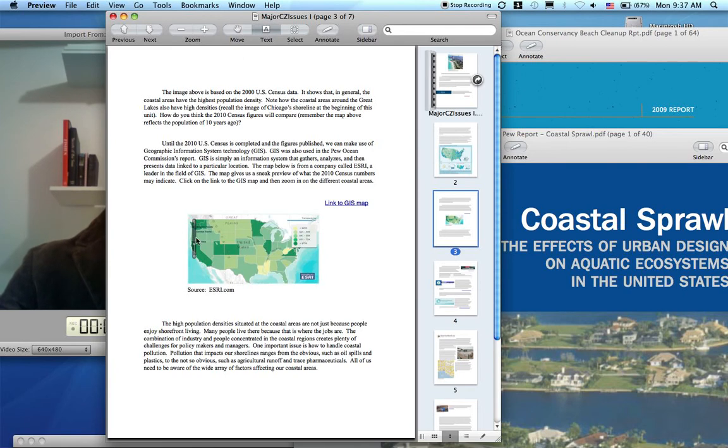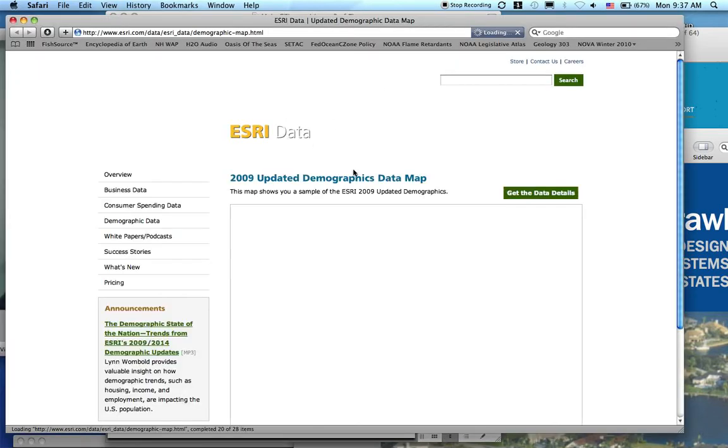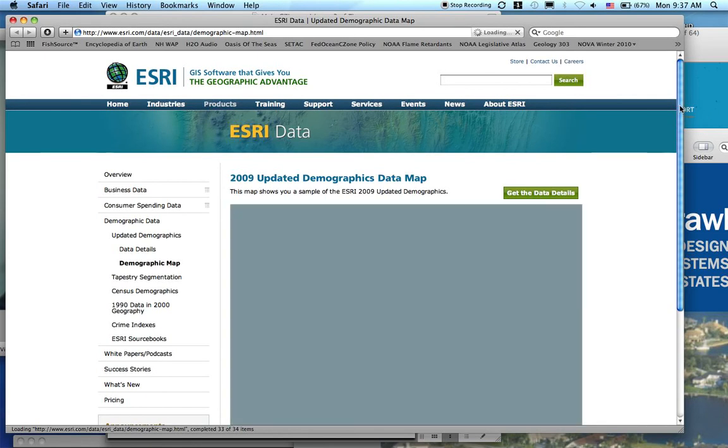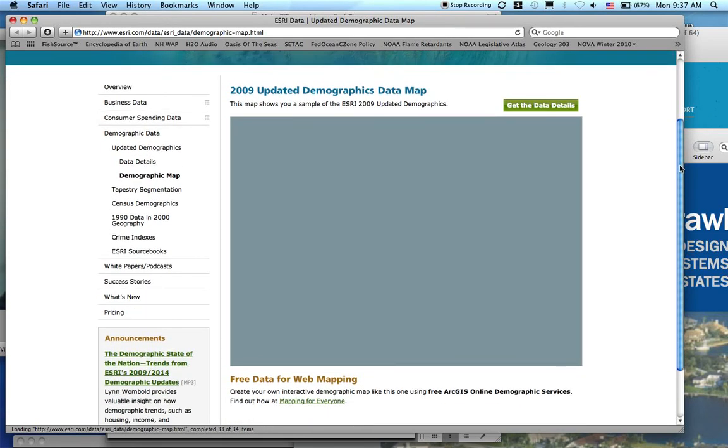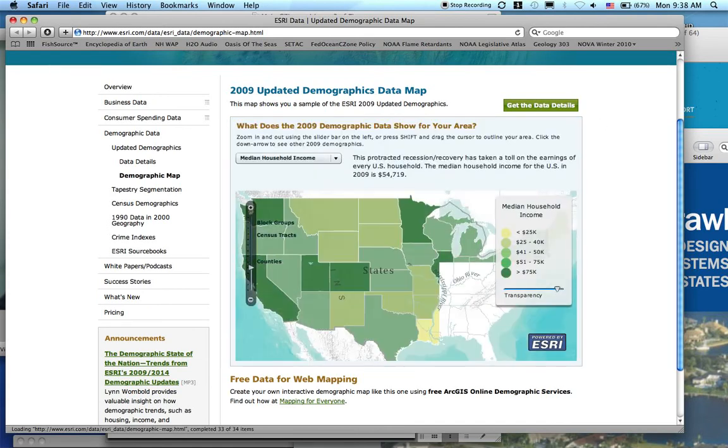Next, again, GIS. We've got this map on demographics of the United States from the 1990s, and you're actually going to be able to log on to that website and look at that particular map and get an idea of what next year's census data will say.